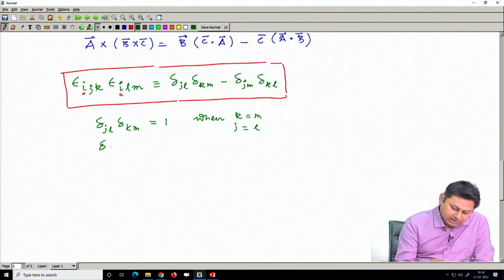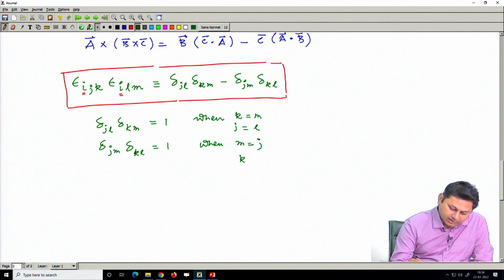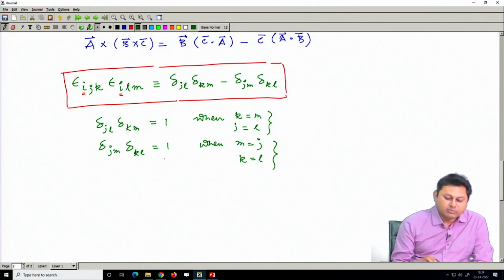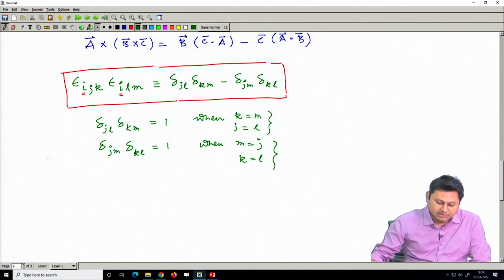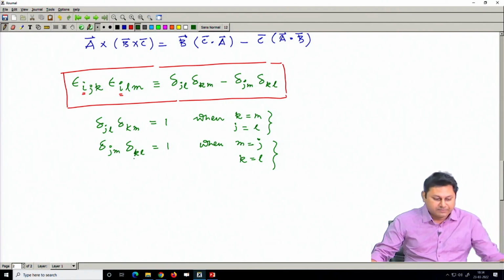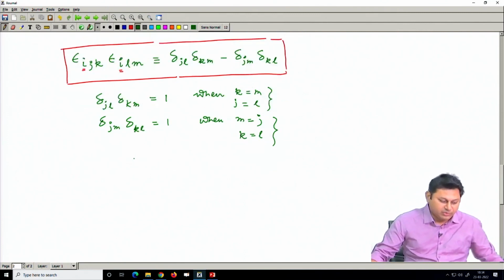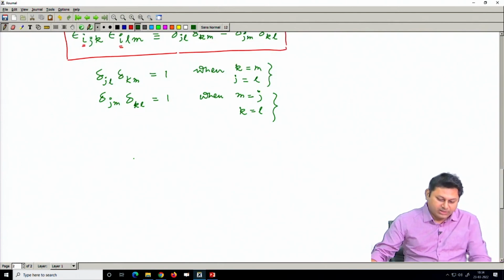Similarly, delta_jm delta_kl is 1 when m is equal to j and k is equal to l. This is the condition for making it 1. So, we have to be careful with this, which is related to the delta function. Now, I am going to use this. How do I use it? Let us check.